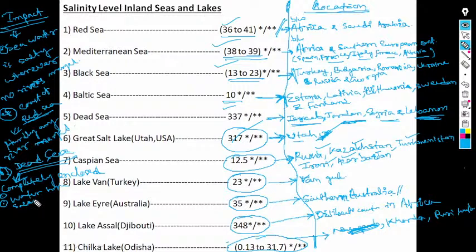Lots of salt deposition, highly saline. Here we are saying that it is 337%. Can you imagine, 337 is the highest, because the Dead Sea is also an inland lake. This is also an inland lake.